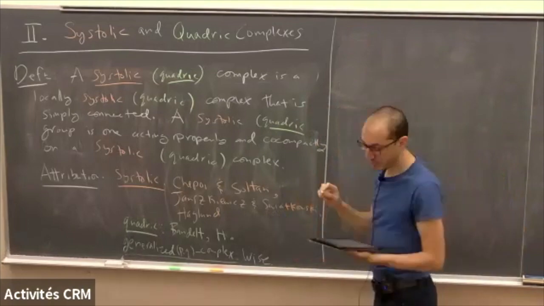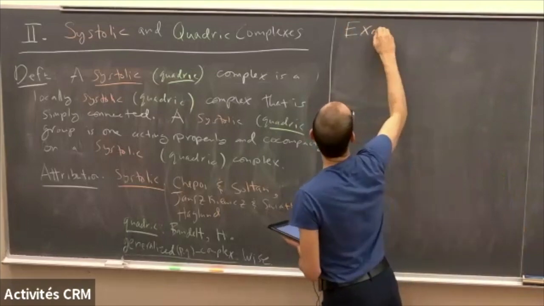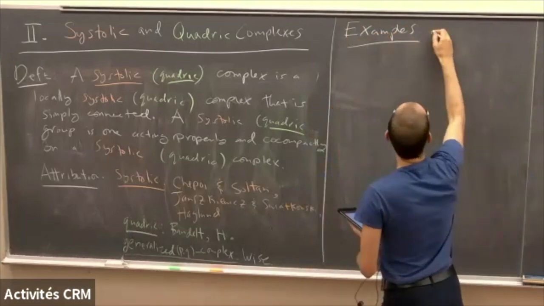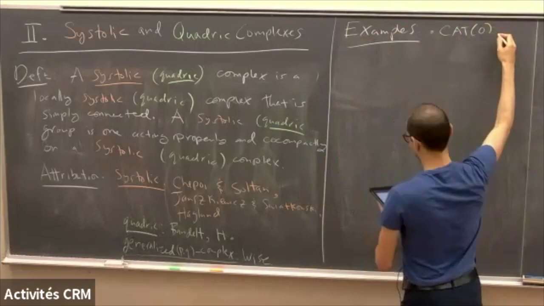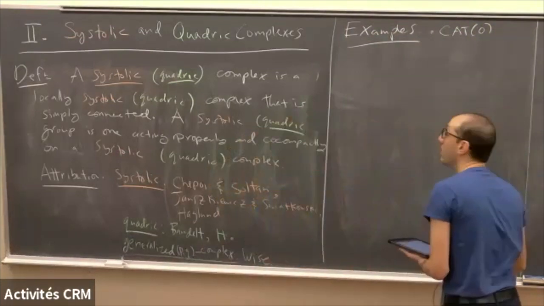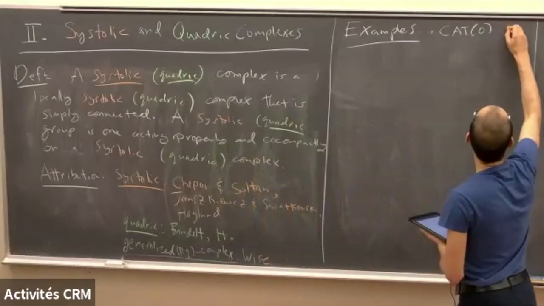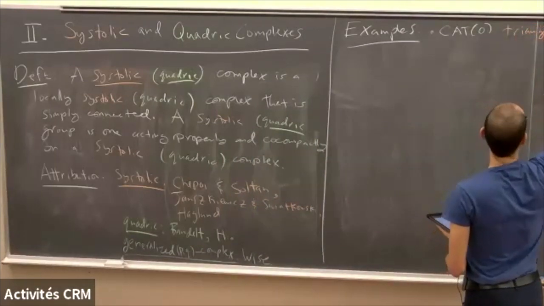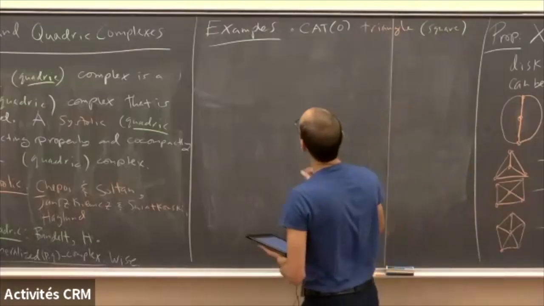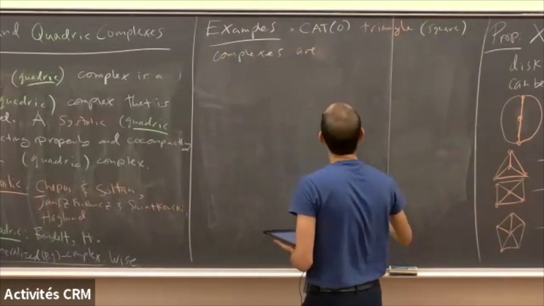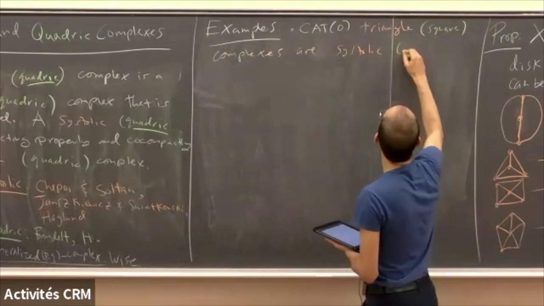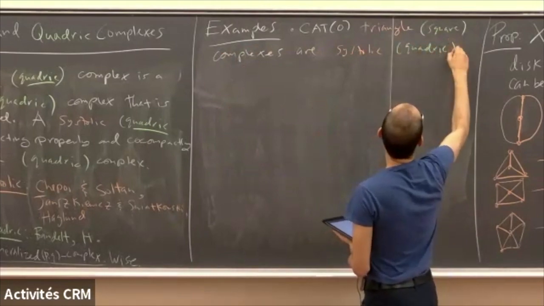Okay. How about examples? Well, CAT(0) triangle and square complexes are systolic and quadric, respectively.